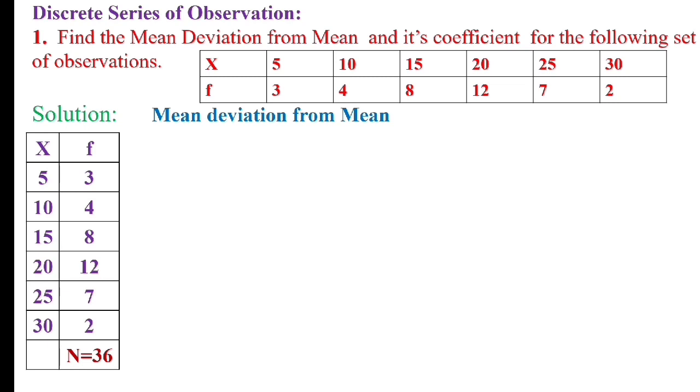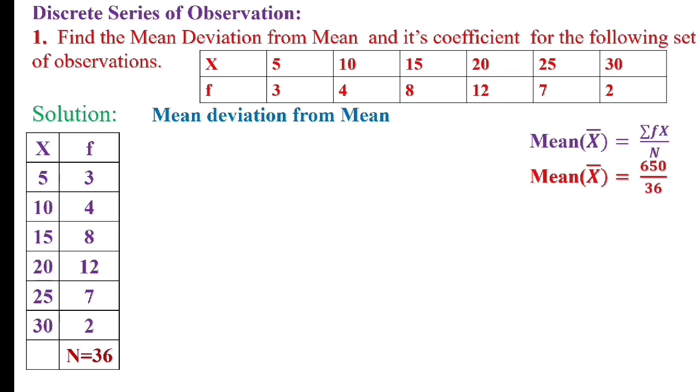So capital N is equal to the sum of frequency, 36. The mean formula we know very well: summation fx divided by capital N. So summation fx is 650, divided by 36.